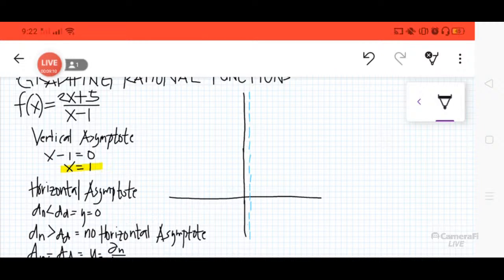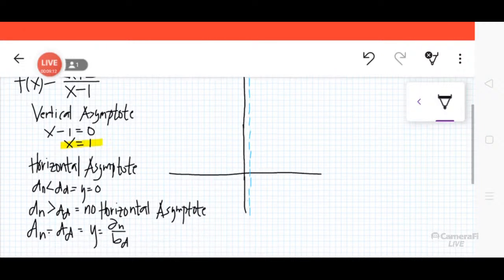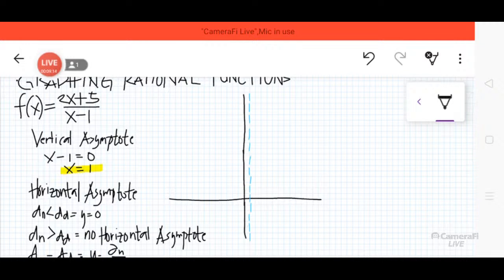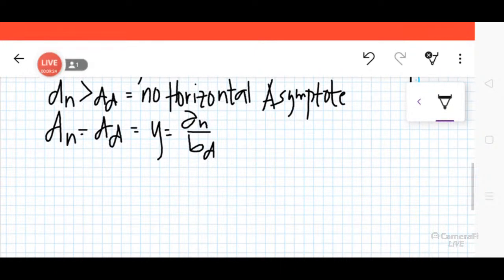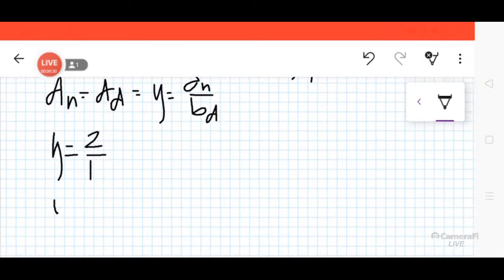So you just divide 2 over 1, where the value of the leading term of our numerator is 2 and the denominator is 1. So let's divide: y is equal to 2 over 1.